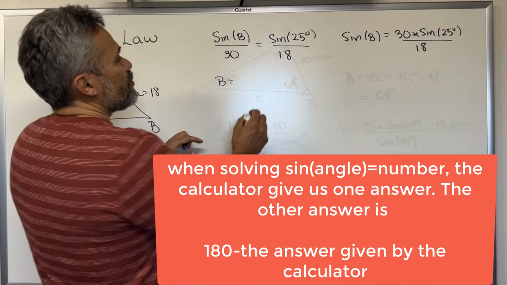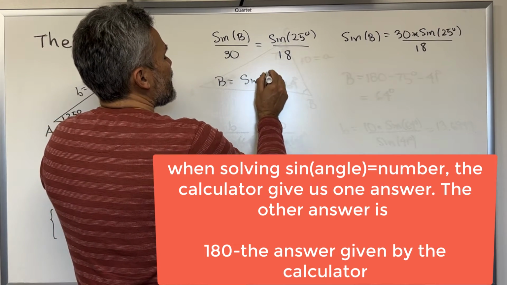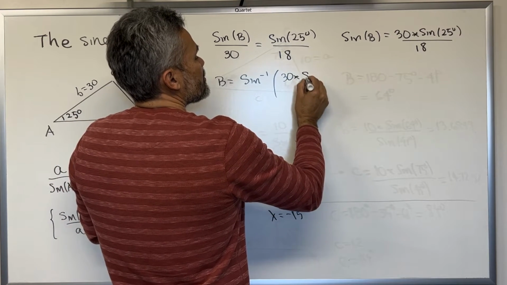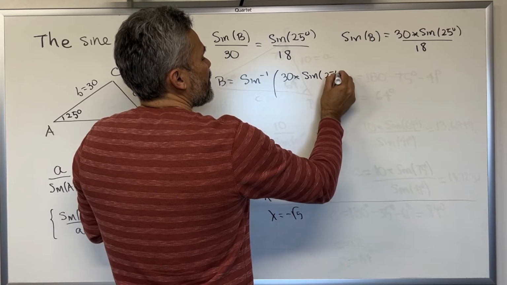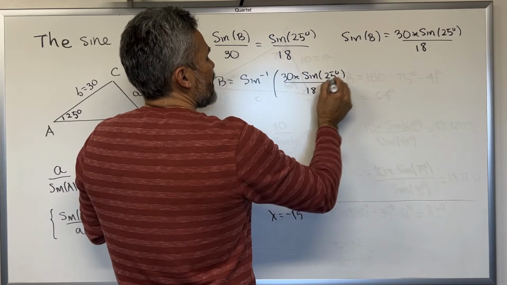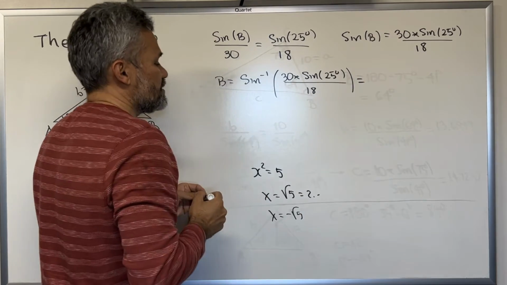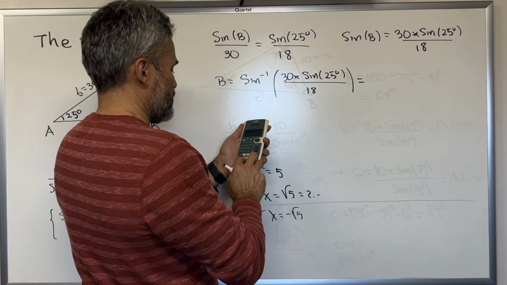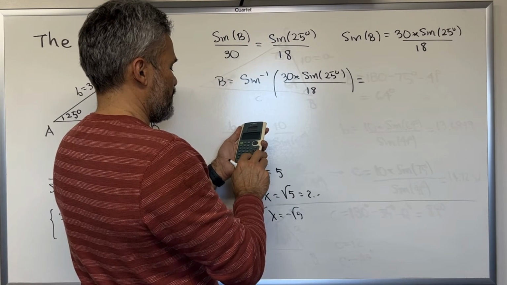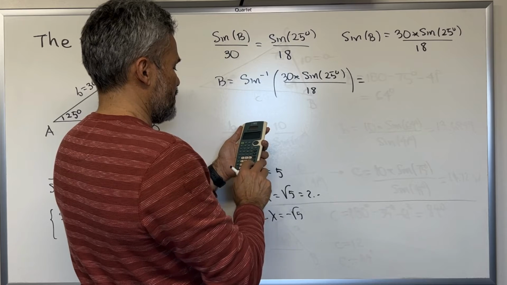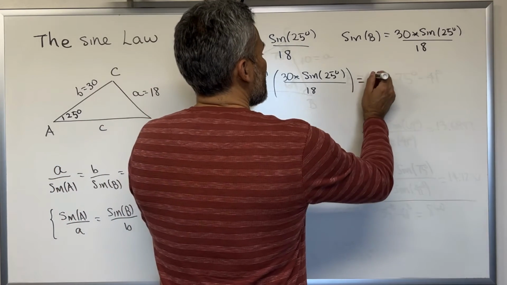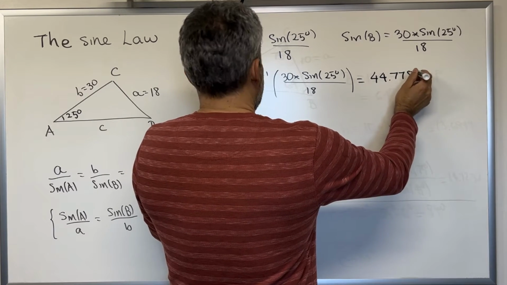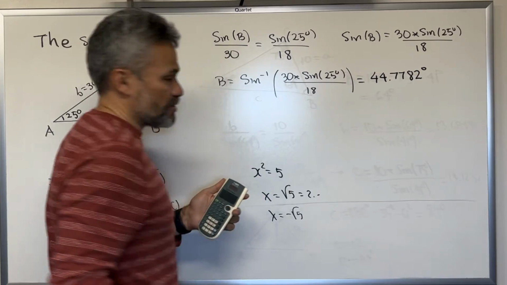Let's compute B. To compute B, we do sine inverse of that number. That number is 30 times sine of 25 degrees over 18. And this is sine inverse of 30 times sine of 25 divided by 18. This is 44.7782 degrees approximately.